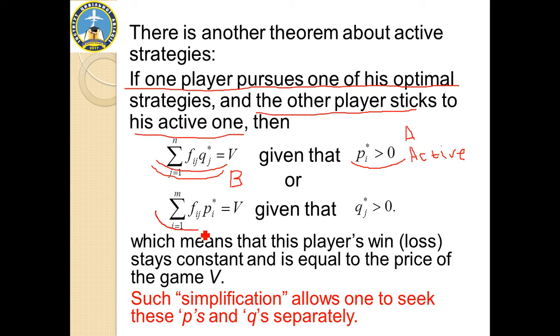The price of the game equal to V can be achieved by player A, given that player B sticks to his active strategy. And as a rational player, player B and player A should always stick to their active strategies, because in this case they can guarantee their maximum win for one player, or minimum loss for the other player.